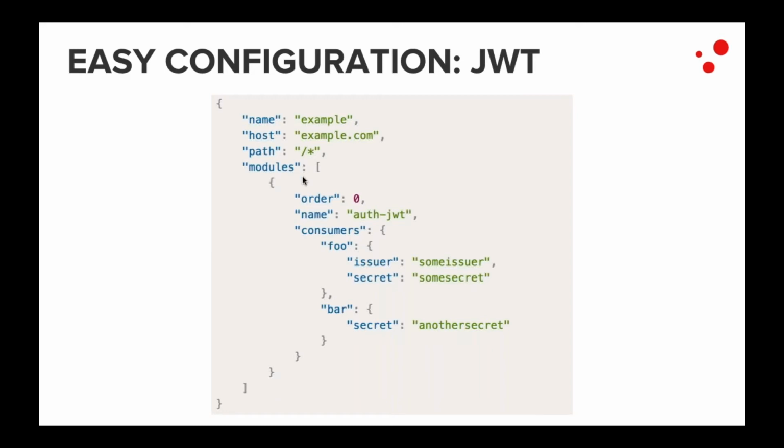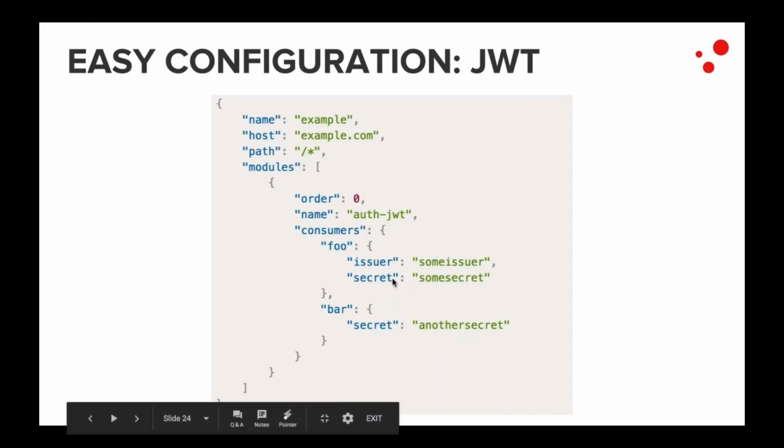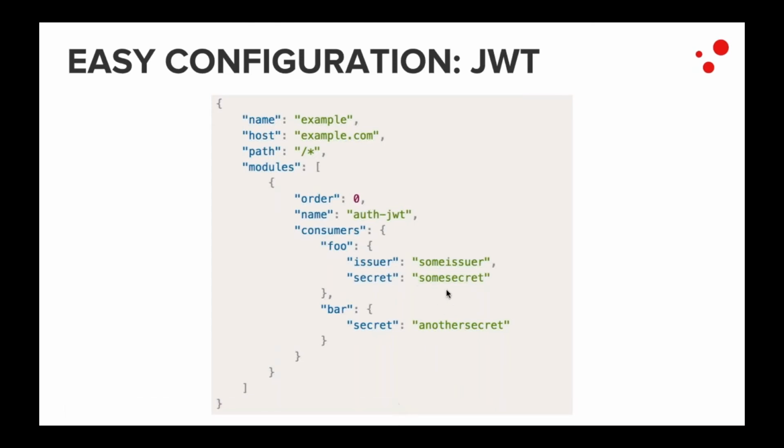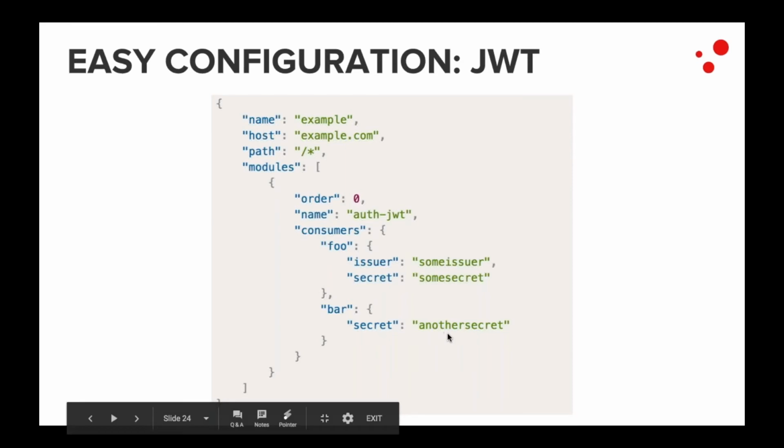This endpoint will have a module which is called authentication JWT, and consumers in this example are just a couple. One is foo and the other one is bar, and foo will have to present a key or a secret, which is nothing else but a password, which is some secret. Bar will have to present a password, which is another secret.